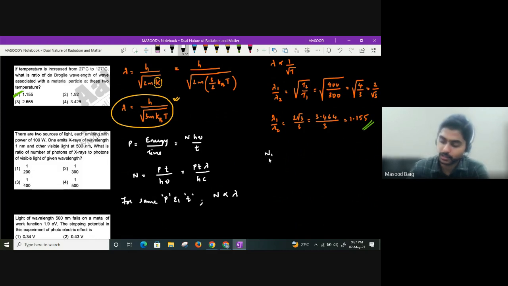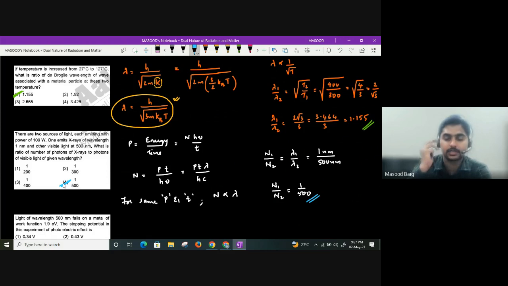So n1 divided by n2 will be equal to lambda 1 divided by lambda 2. They are asking the number of photons of X-rays, of wavelength 1 nanometer, to visible light of wavelength 500 nanometer. So the ratio of photons emitted will be 1 is to 500. Direct case.